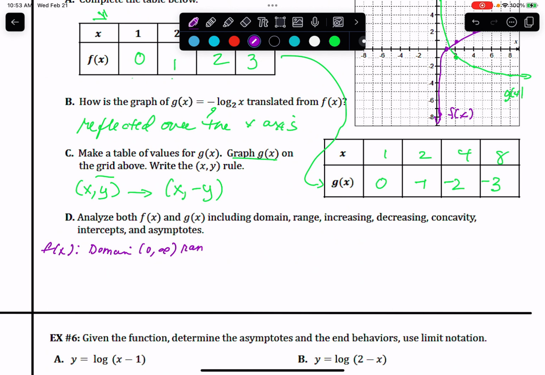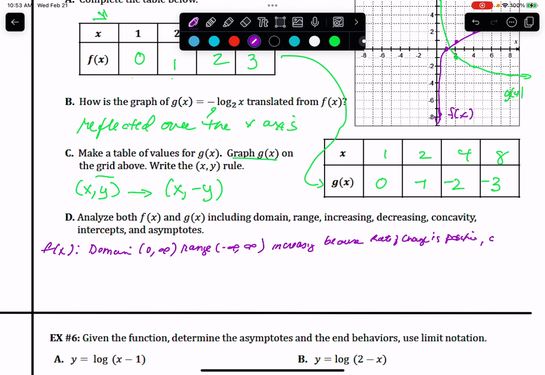The range would be from negative infinity to infinity, right? And then it is increasing because the rate of change is positive or greater than 0.